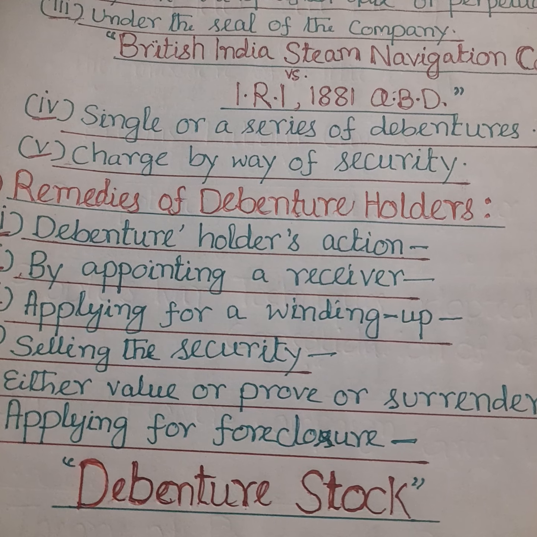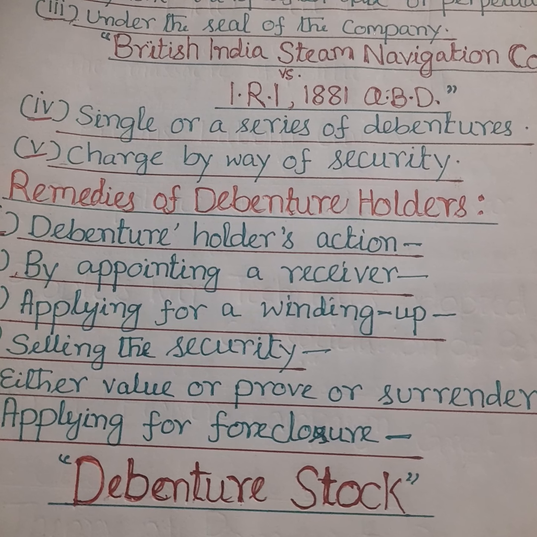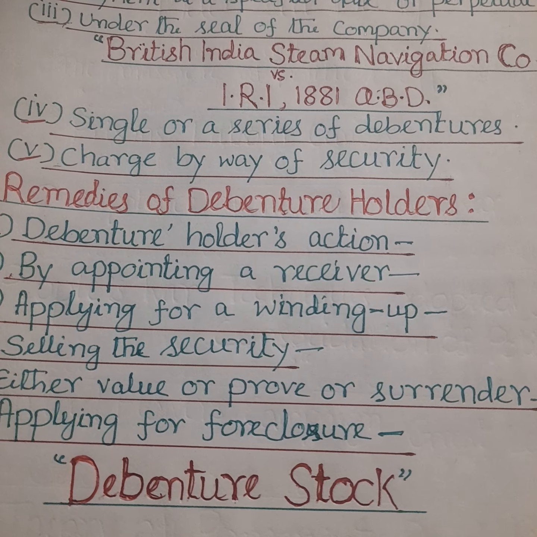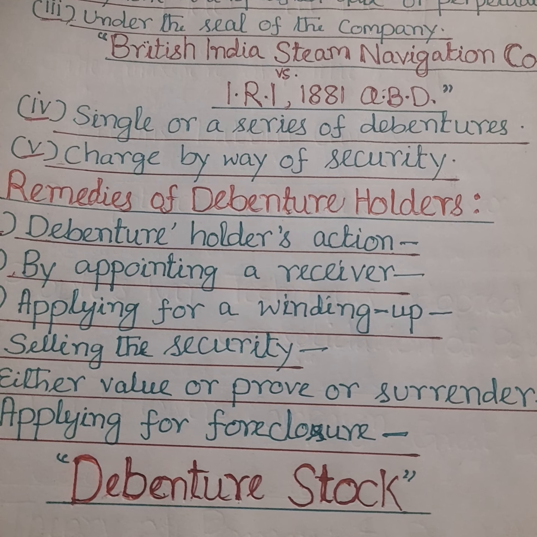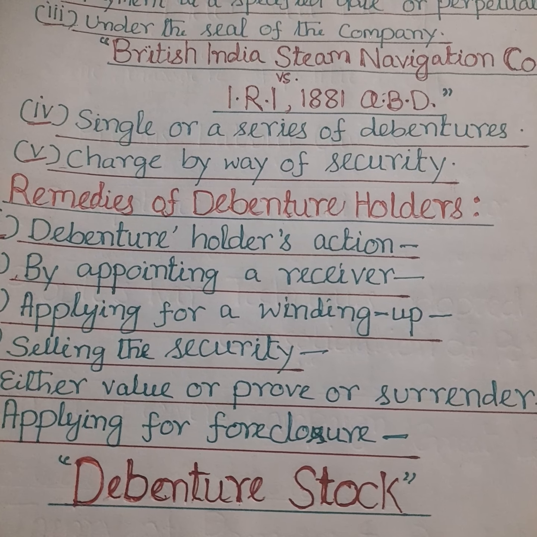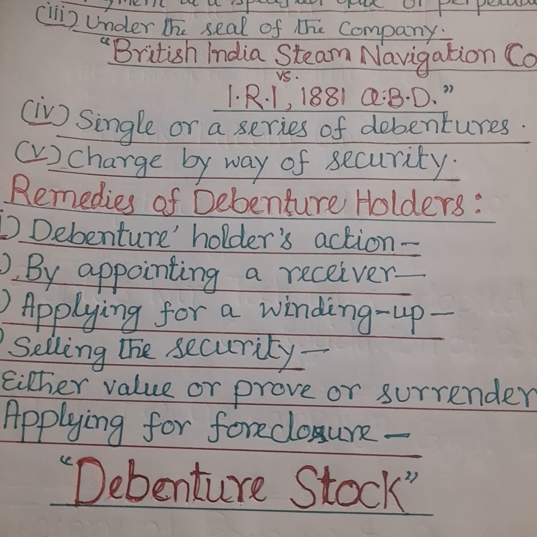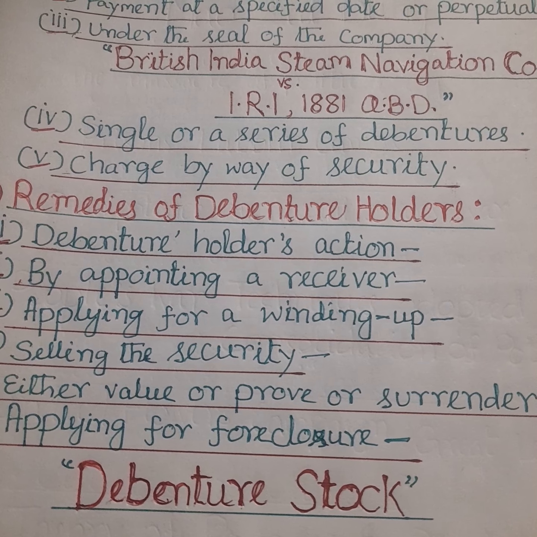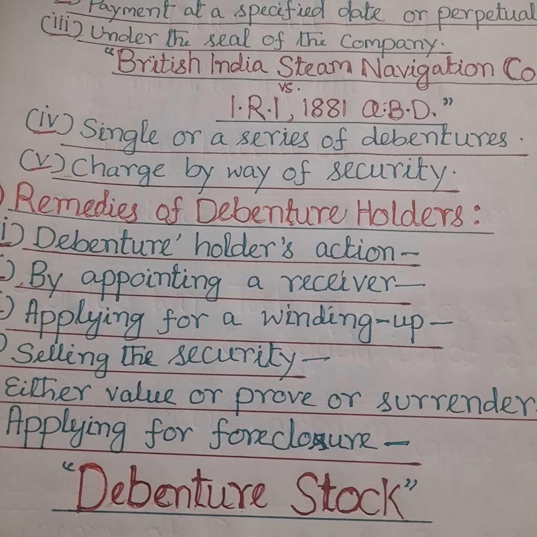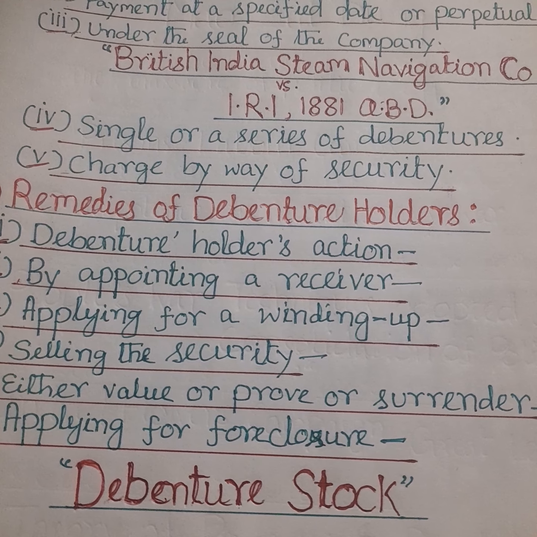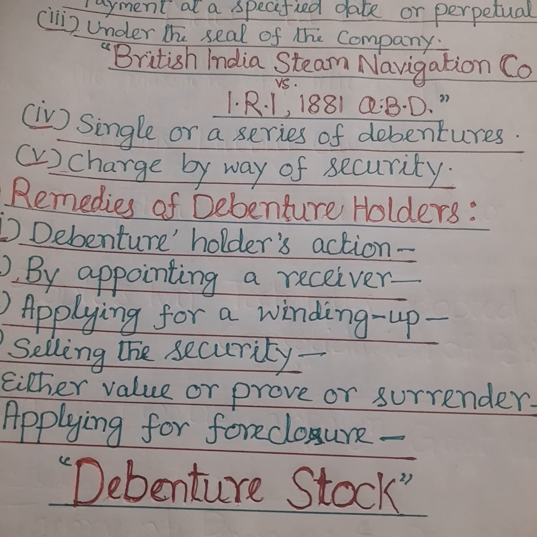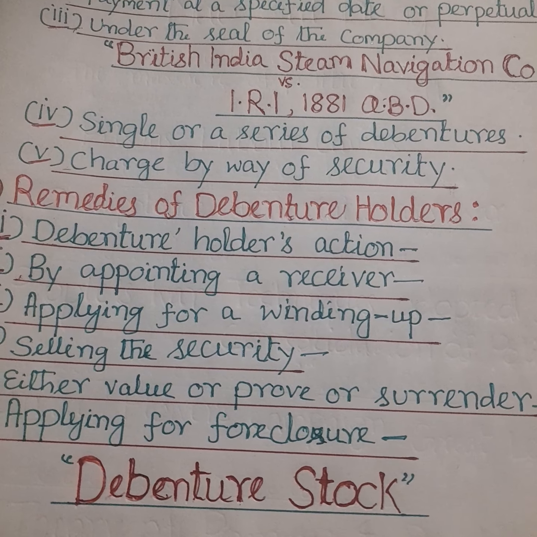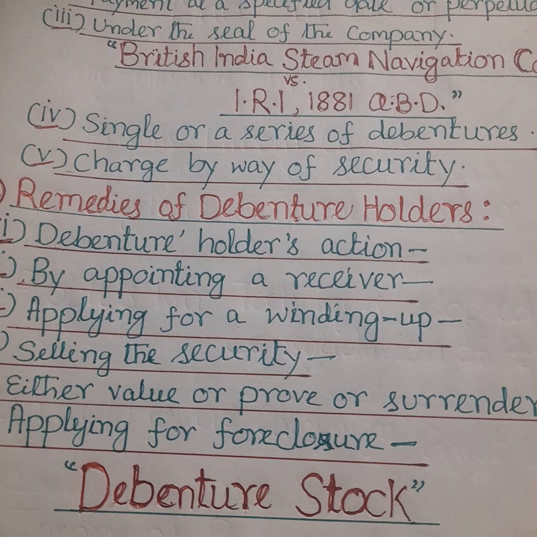The advantage of debenture stock is that it is more readily transferable than debentures. And this is the second difference that we find between debenture stock and debenture in regard to transferability of the rights.